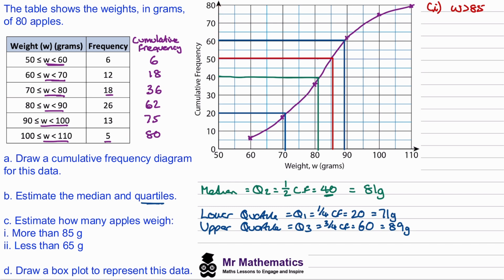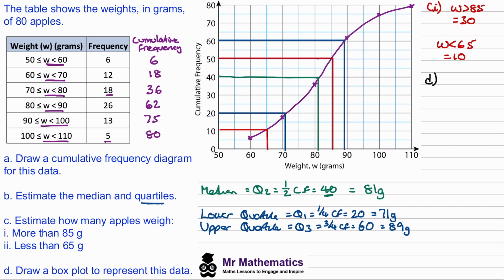So this will be approximately 30. And then when the weight is less than 65, we'll draw a line up from 65 to the curve, and then across to the cumulative frequency, and we'll get approximately 10.